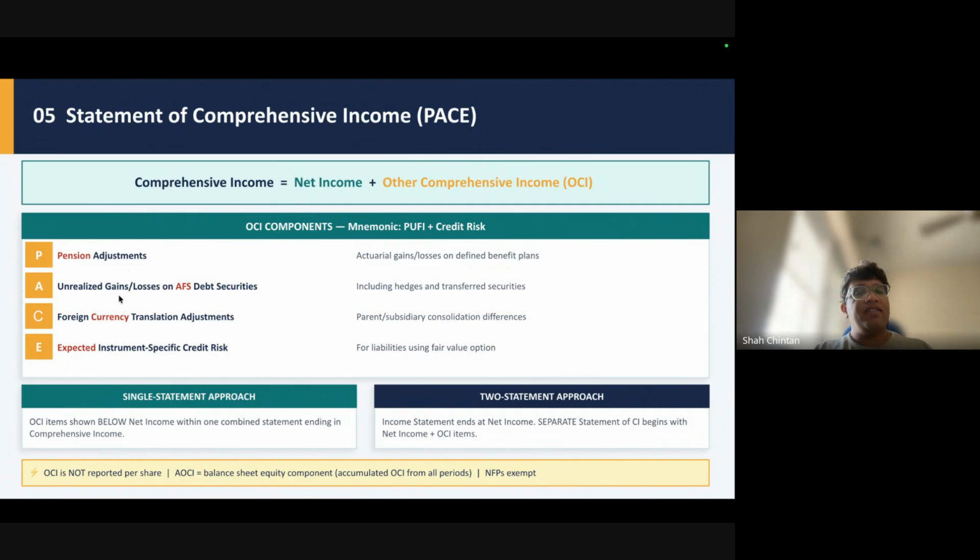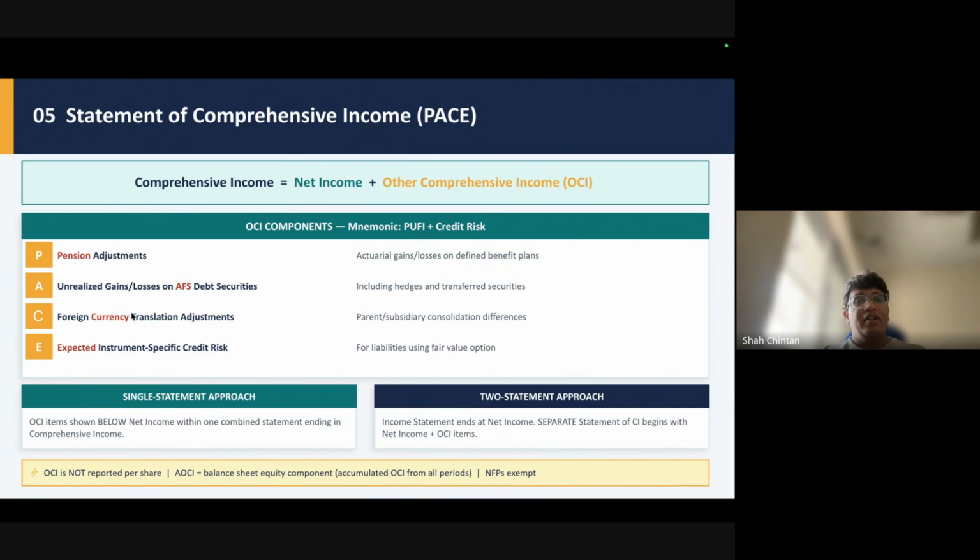Number two, unrealized gain and loss on available-for-sale debt security. It is again the same item. This security you have kept for sale, it is not actually sold. So whatever gain and loss you have, you park into the OCI. जब आप सिक्योरिटी को एक्चुअली सेल आउट कर दोगे, then whatever is in OCI you reclassify to your income statement.